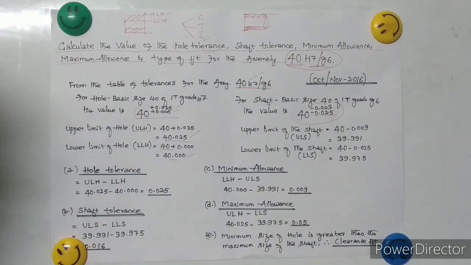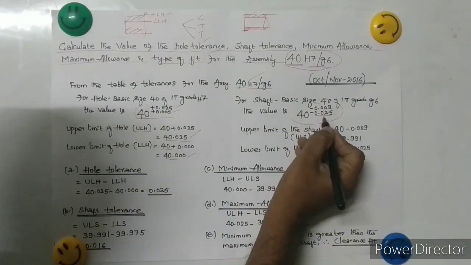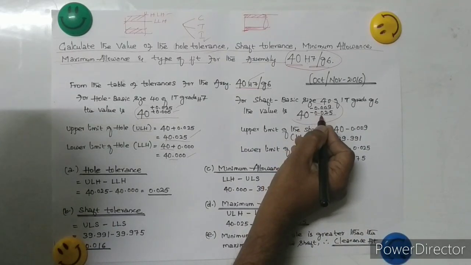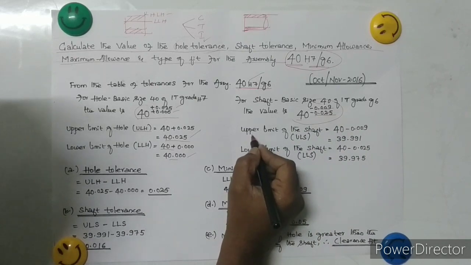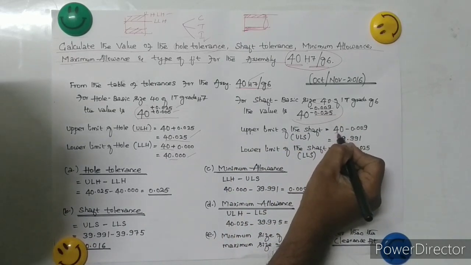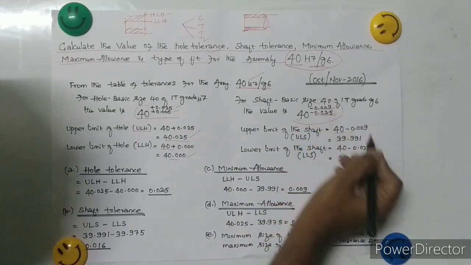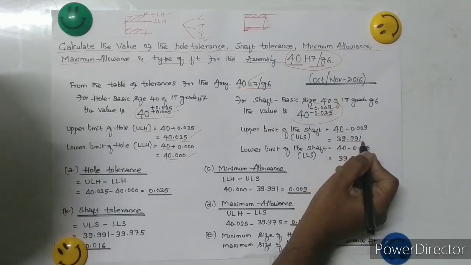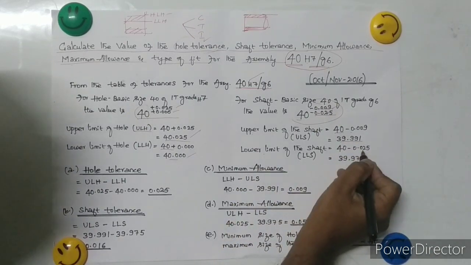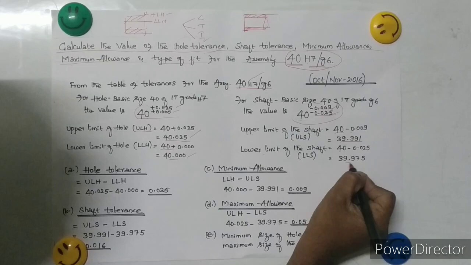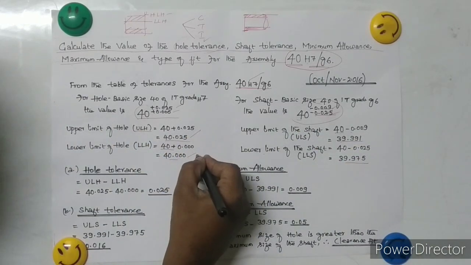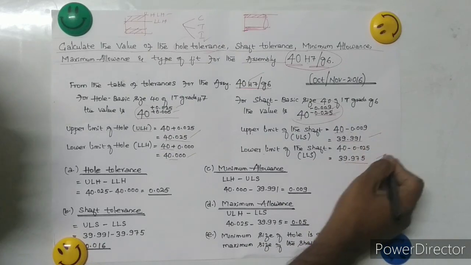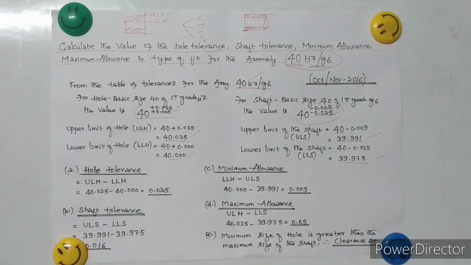The upper limit of the shaft is the basic size minus 0.009, that is 40 minus 0.009, which gives 39.991 mm, and the lower limit of the shaft is 40 minus 0.025, that is 39.975 mm. So we got the upper limit of the hole, lower limit of the hole, upper limit of the shaft and lower limit of the shaft. Now we have to calculate one by one.